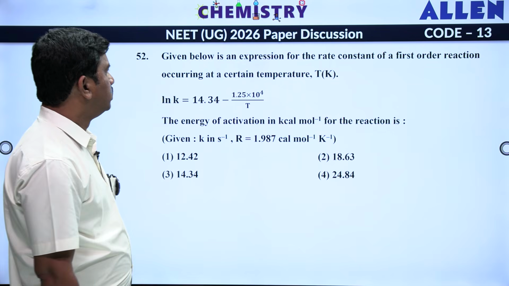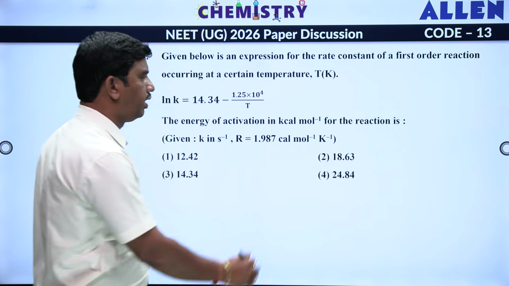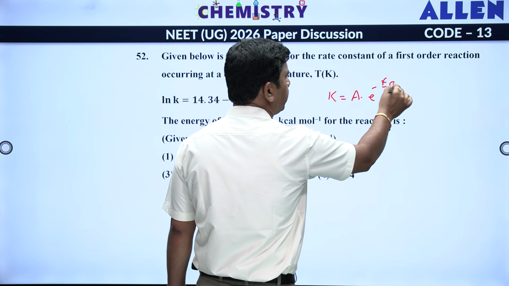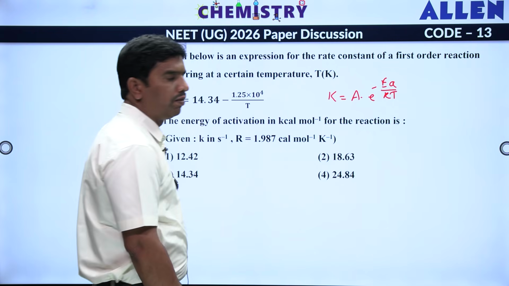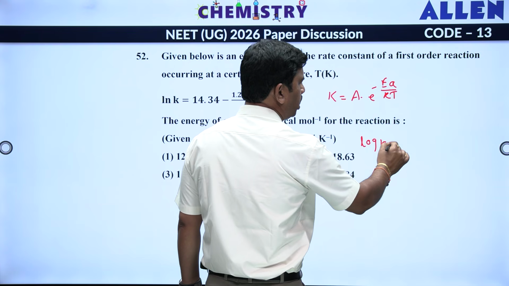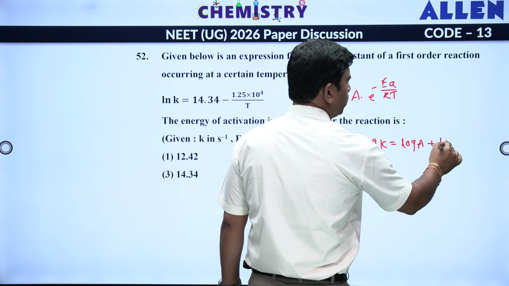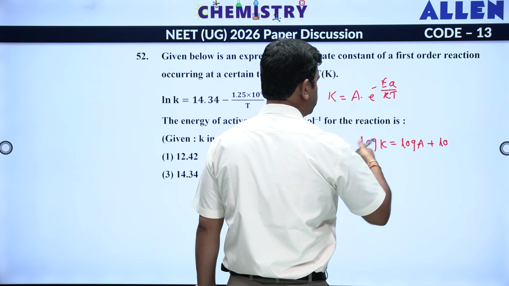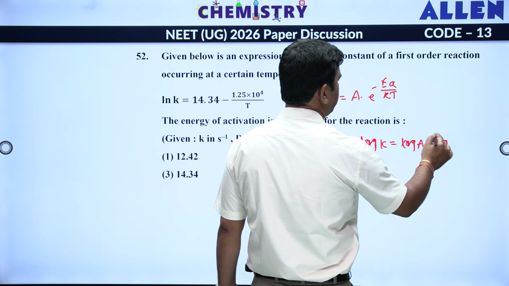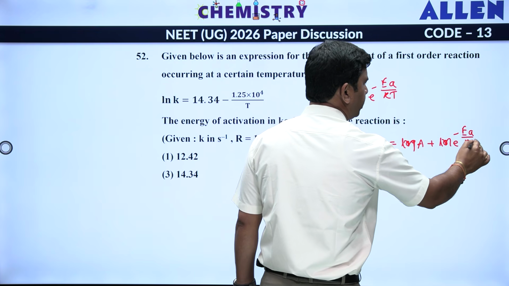Next one. The expression for the rate constant, first order. This is also once again from chemical kinetics, and we have the simple formula k equals A into e power minus Ea by RT. Now if you apply log, ln k equals ln A plus ln e power minus Ea by RT.